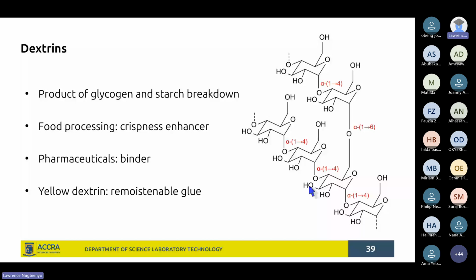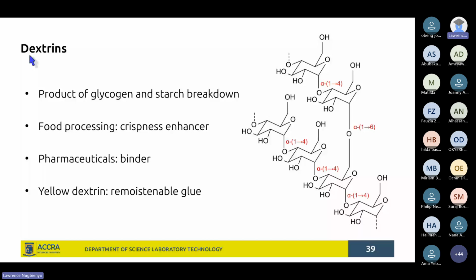Here, dextrins are oligosaccharides that are produced from the breakdown of glycogen. So the storage form of carbohydrates in the liver or in the skeletal muscles, when they are broken down such that you have some oligosaccharides out of such, because in the glycogen molecule you have branch points.